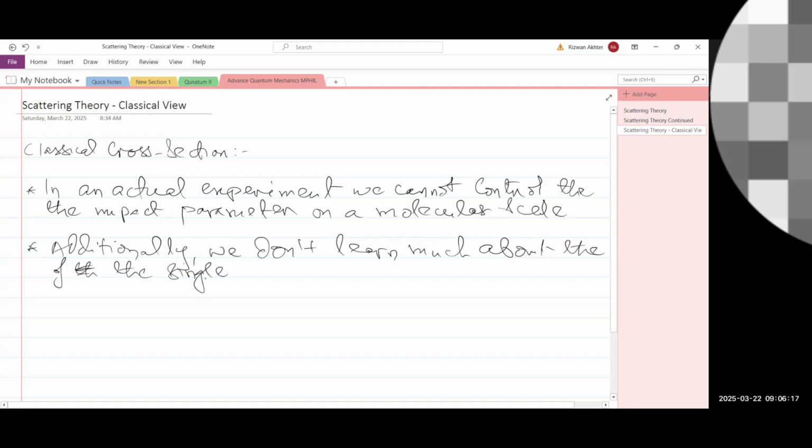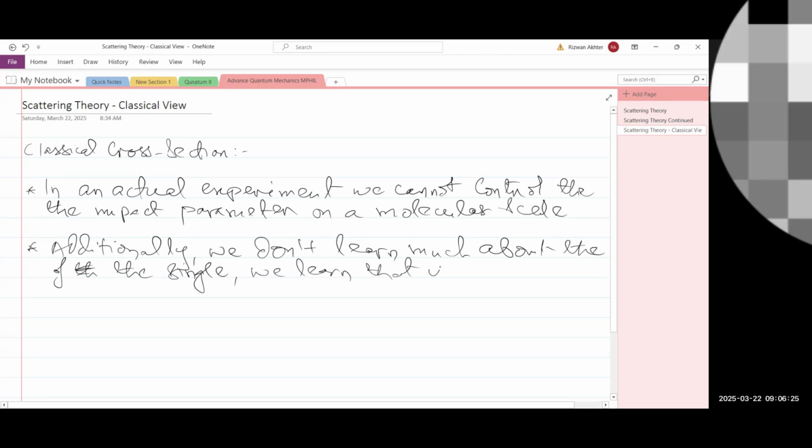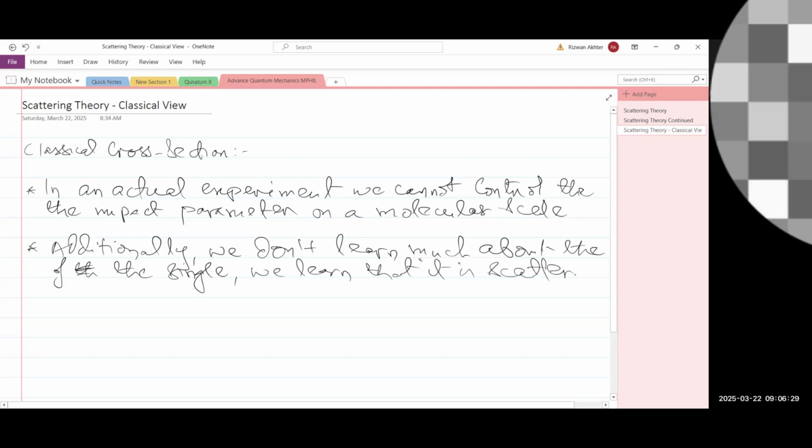At most what we learn is that the particle is scattered. What we do not know in an actual experiment is the passage of that particle.